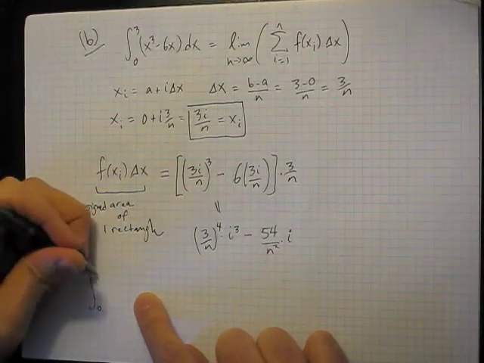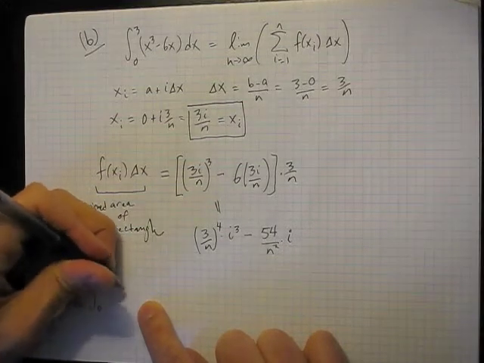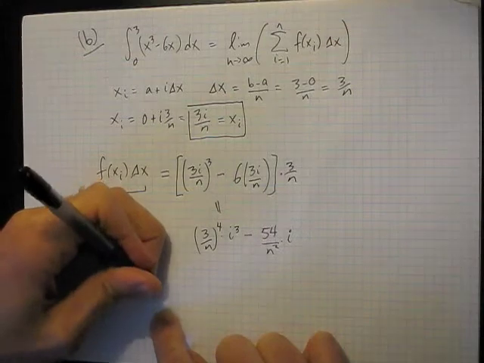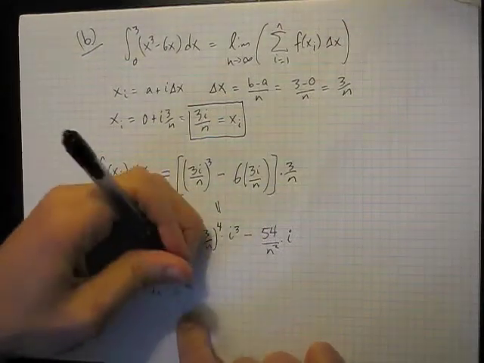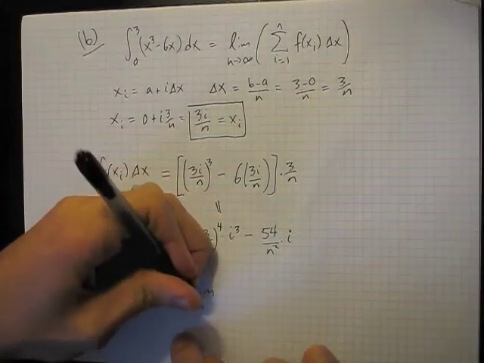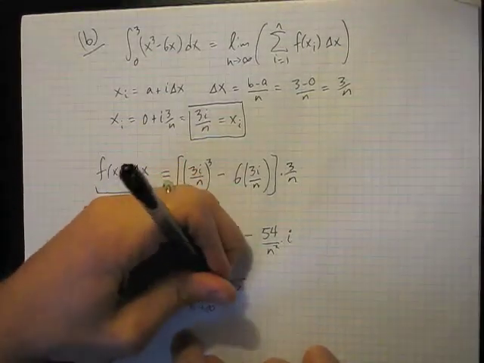So the definite integral from 0 to 3 of x cubed minus 6x is equal to the limit as n goes to infinity of this expression.